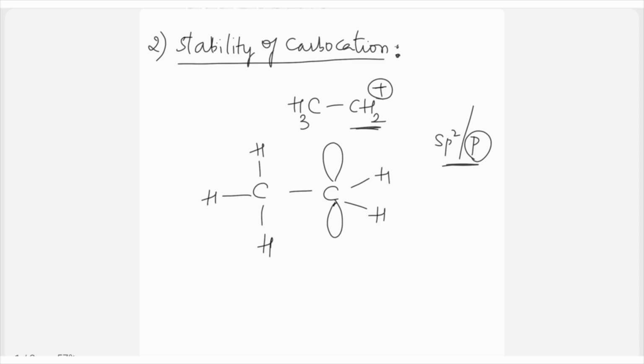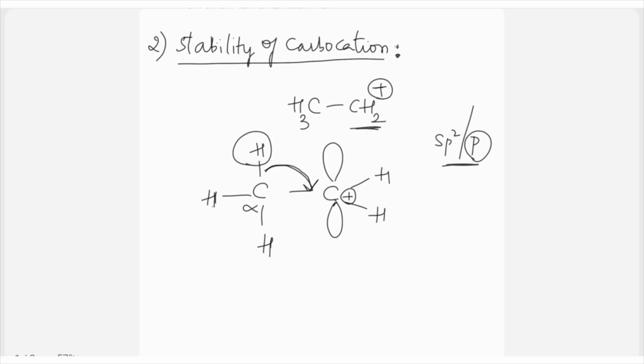Now what we observe here is this is the alpha carbon with alpha hydrogens. Now these sigma bonded electrons are given onto the carbon with positive charge or empty orbital. Hence we can see the shifting of sigma bonded electrons from hydrogen onto the empty p orbital among the 3 hydrogens.